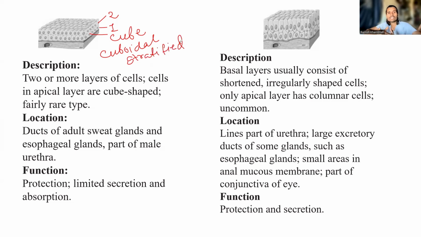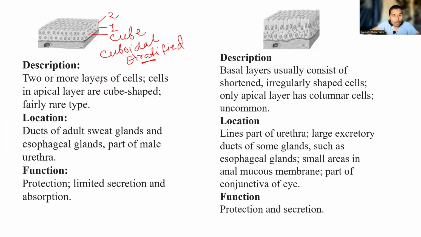Clear how to give the name and how to recognize the tissue according to their shape? If they are single layer, they will be simple. These are two layers, so two layers means compound, and under the compound, stratified. So they are cuboidal stratified tissue.